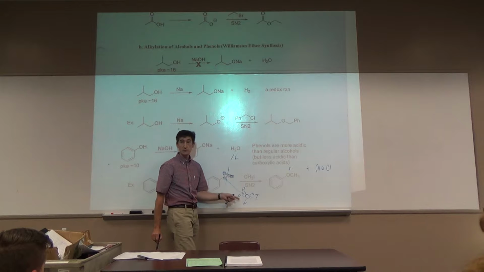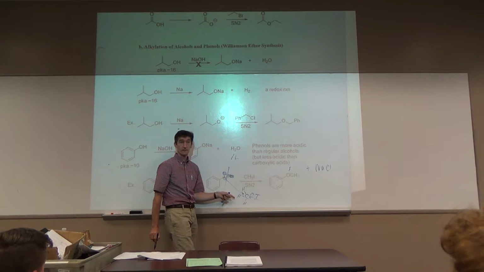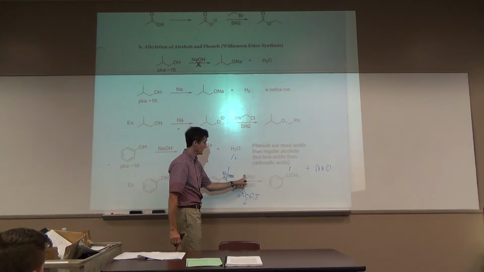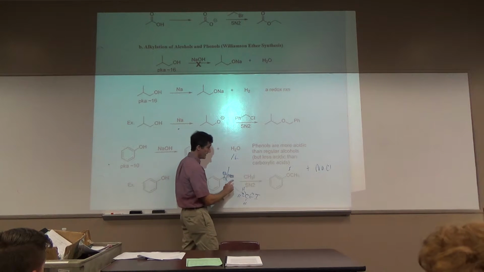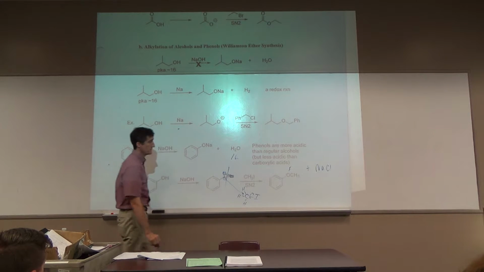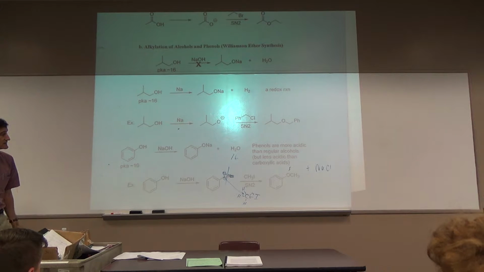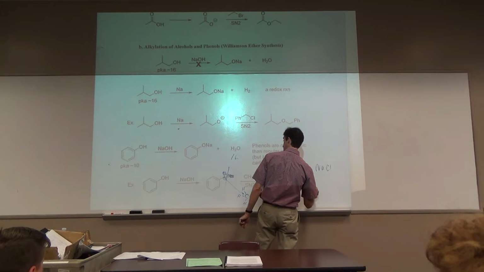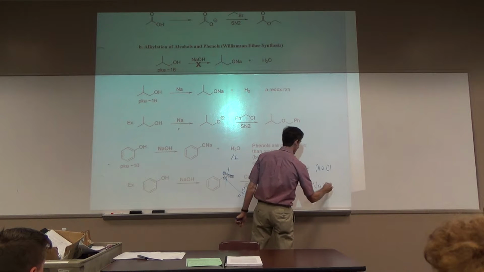Also, absolutely no sterics. Methyl iodide. Very reactive, very toxic. And we put an O-methyl to make that bond there. So we methylate our phenoxide. Plus what? Sodium iodide? Yeah.